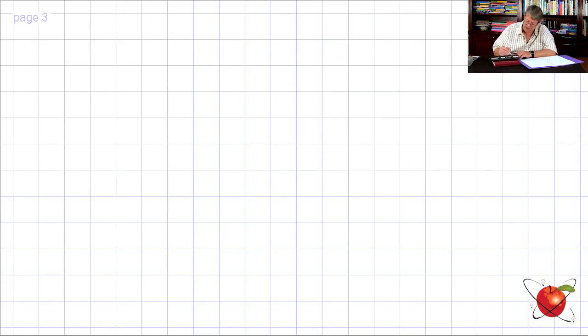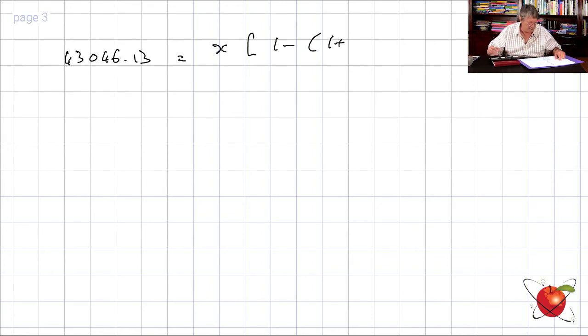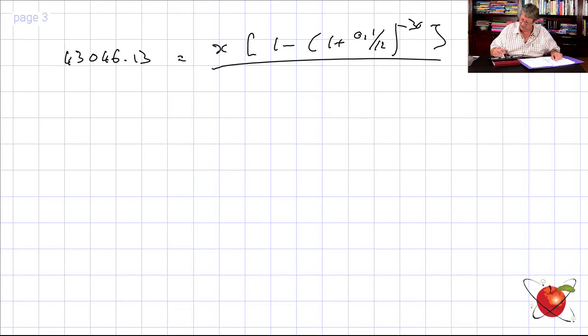P, 43046.13, is equal to X times 1 minus 1 plus 0.1 over 12 to the power of minus 36, all over 0.1 over 12, and you end up with X coming out to be 1388.98 per month.